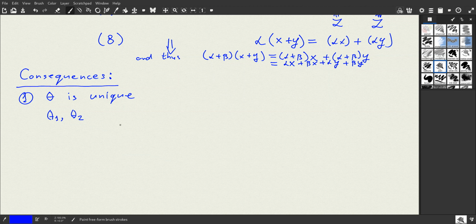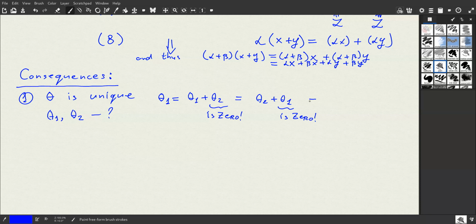But then, because they are both zeros, we can say that theta 1 is equal to theta 1 plus theta 2, because theta 2 is 0, which is equal to theta 2 plus theta 1, obviously, but we know that theta 1 is 0, and therefore this is equal to theta 2.